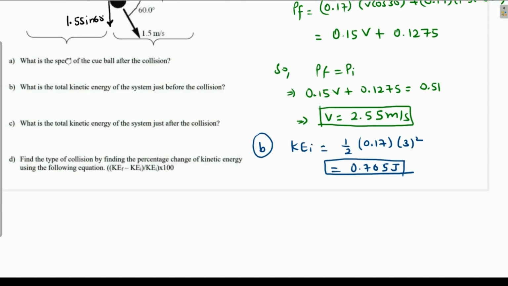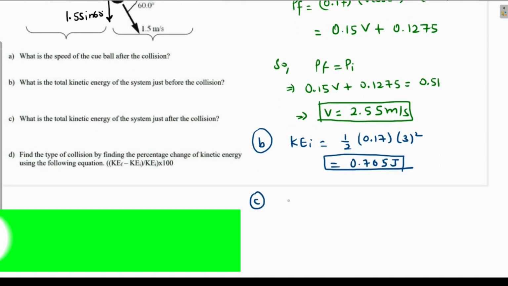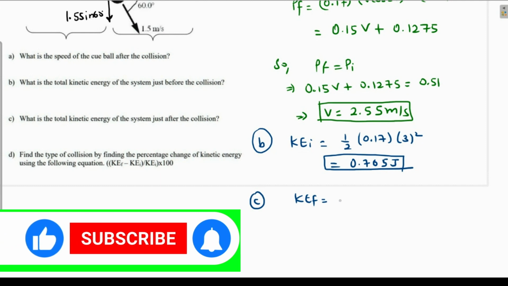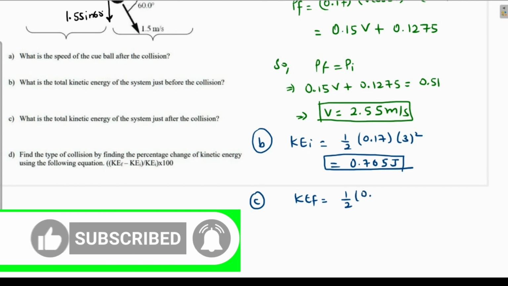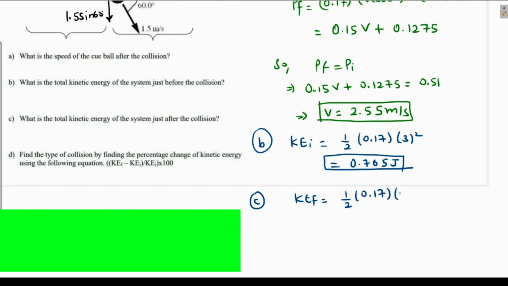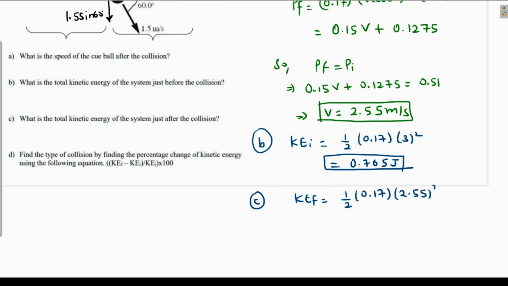And if we talk about the final kinetic energy, then the final kinetic energy is going to be because of the cue ball and because of the black ball as well. So that's going to be half m v squared. That v we already found as 2.55, and for the black one that's half m v squared, where v is 1.5, it's given.